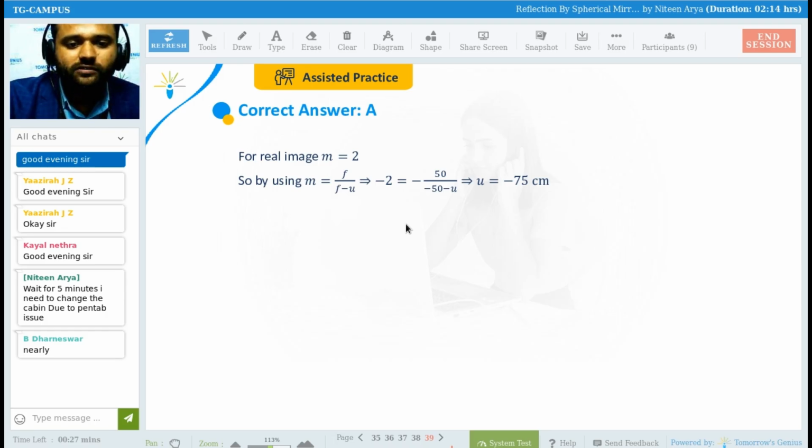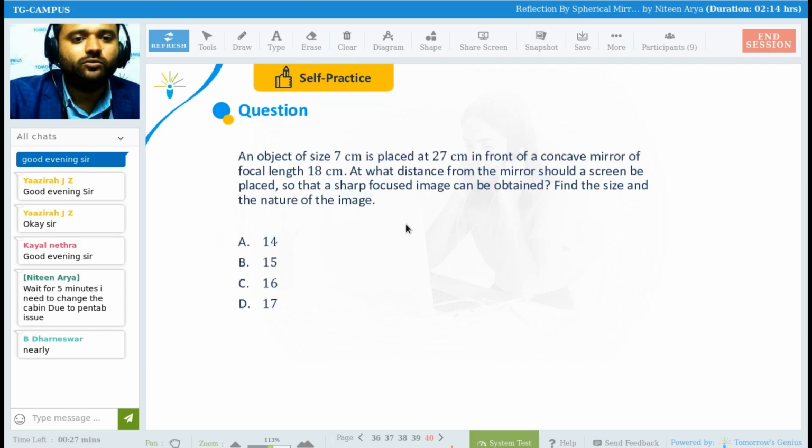Just type it if it is not. Clear, na? Good. Do this. Same kind. Image you need to tell me.